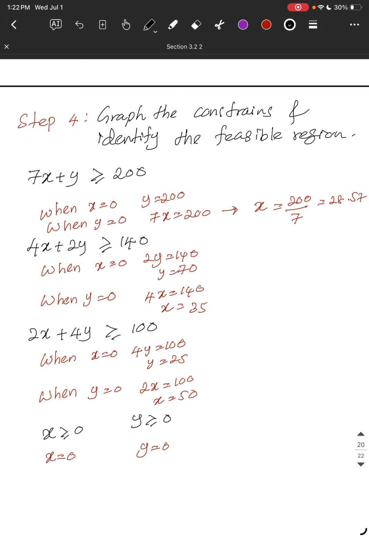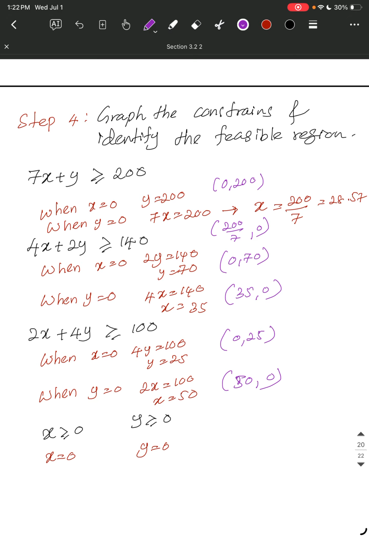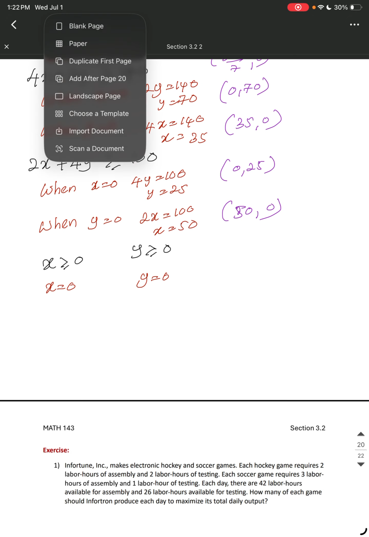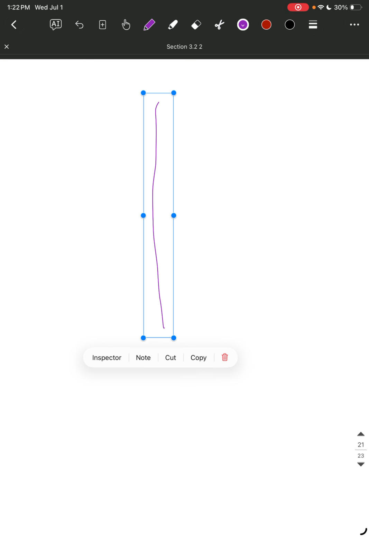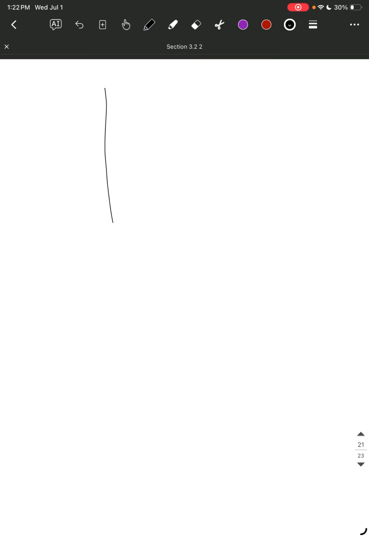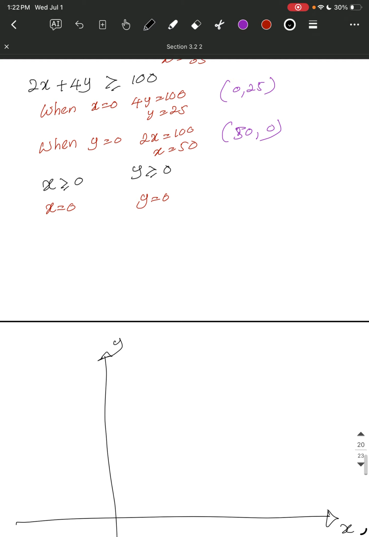Okay, let's get the points: (0, 200) and (200/7, 0); (0, 70), (35, 0); (0, 25), (50, 0). Okay, then let's draw the graph. Axis, y-axis.